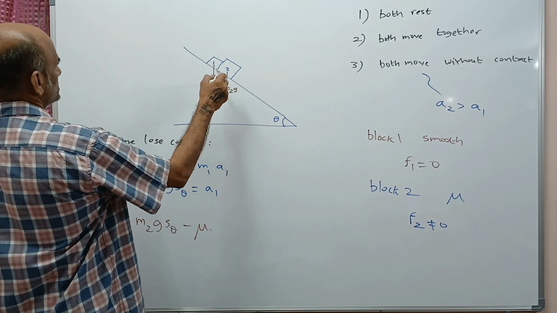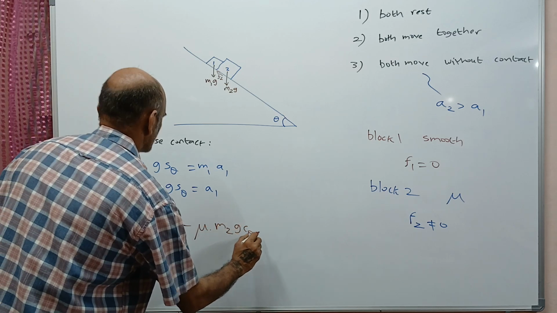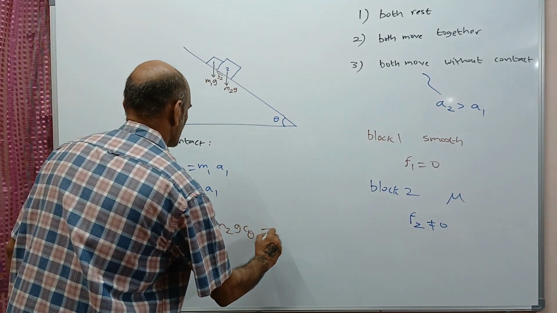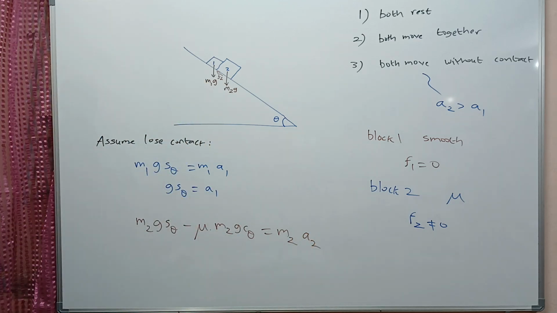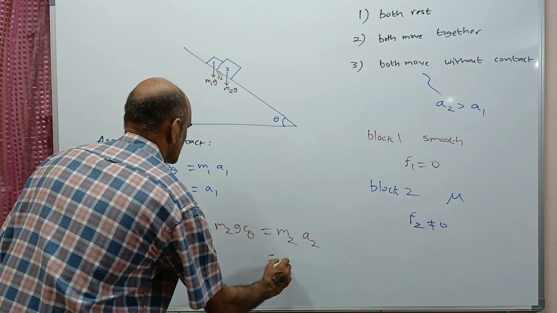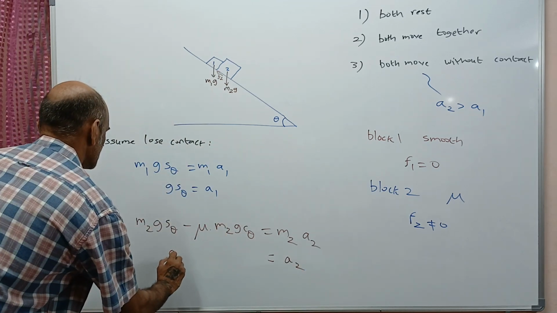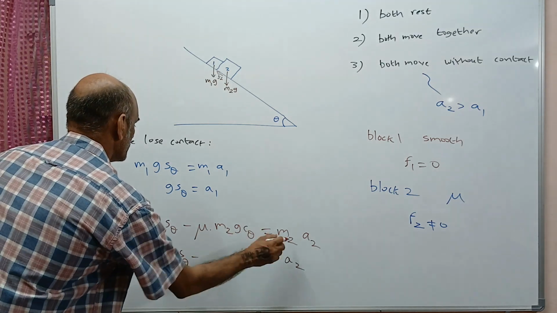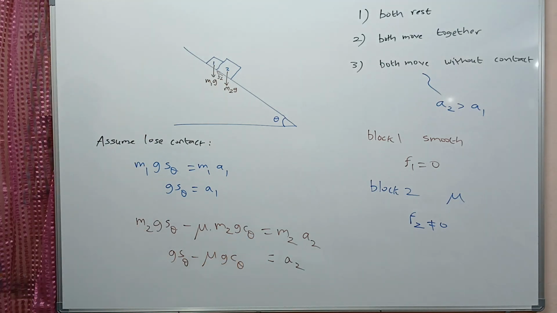Normal reaction on this block is m2g cos theta. So this is the net force acting on block 2 down the plane. That should be equal to mass into acceleration of block 2. So from this I get acceleration 2 as g sin theta minus, m2 will get cancelled, mu g cos theta.